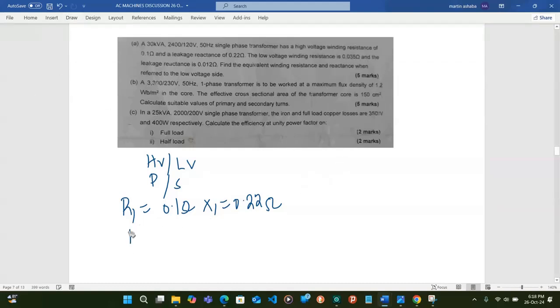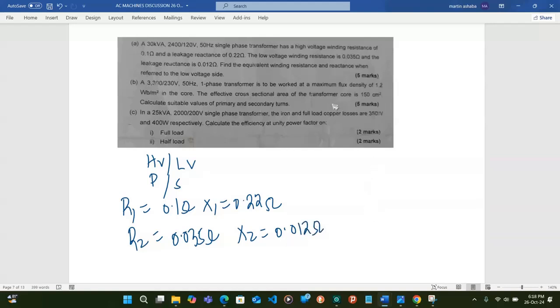So what is R2? R2 is the one of low voltage, so we have 0.035 ohms, and X2 is 0.012 ohms.